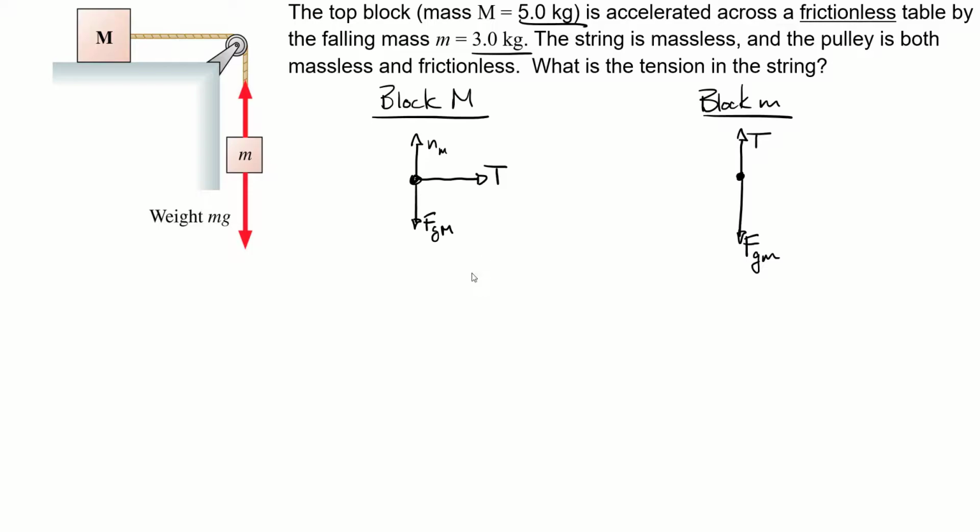We're going to follow the same problem-solving technique we've been doing, right? 1, ID forces. 2, free body diagram. 3, coordinates. 4, Newton's second law, F equals ma. This is where we get our equations. You're going to have one equation for each dimension, each coordinate in your coordinate system.